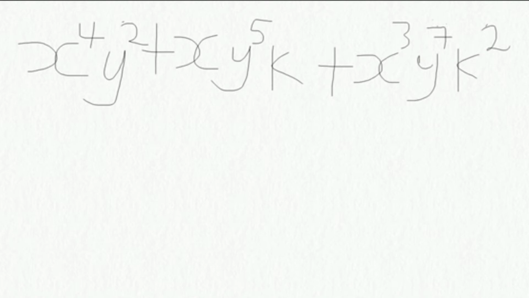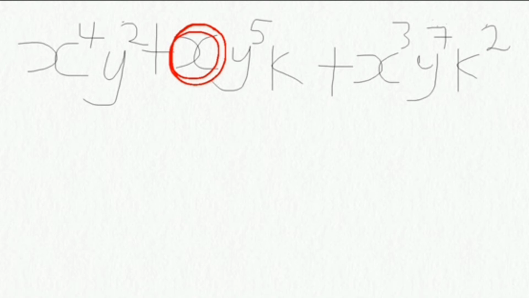How do we do that? x is appearing with different powers: x to the power 4, x to the power 1, and x cubed. Which one are we taking? We have to take the one with the lowest power. Between x to the power 4, x to the power 1, and x to the power 3, which one is the lowest? We have to take this one.